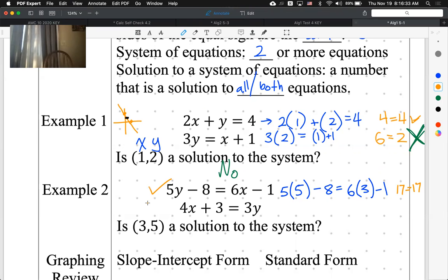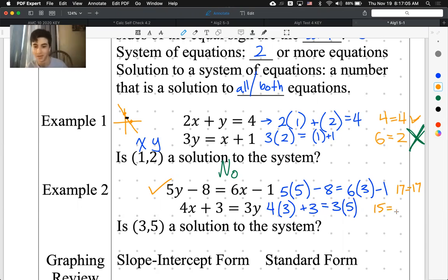Who can do the substitution? Alden, you want to do it for us? Okay. So it would be 4 times 3 plus 3 equals 3 times 5. And if you boil down the left-hand side and right-hand side, Alden, what do you get? 12 plus 3. Which is? 15. 15 on the left.